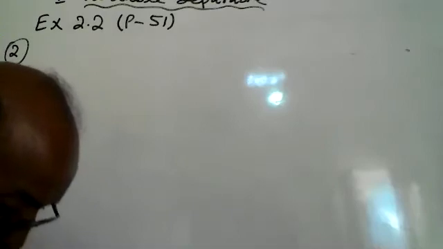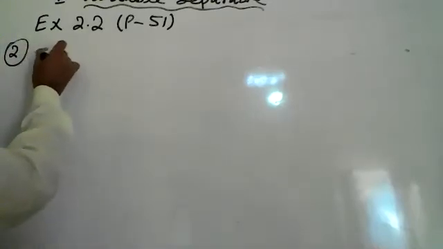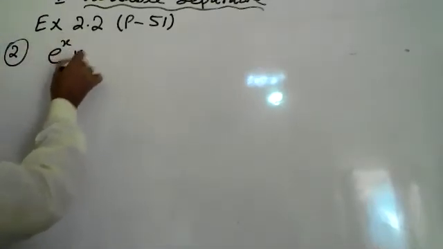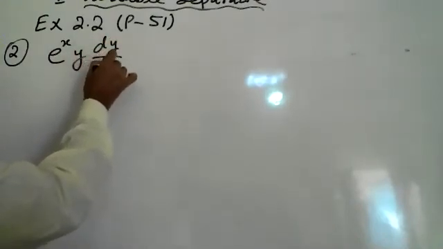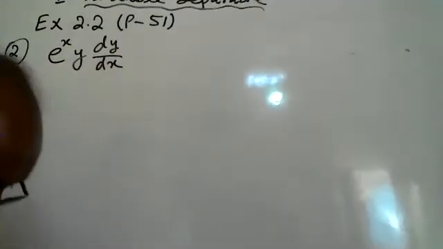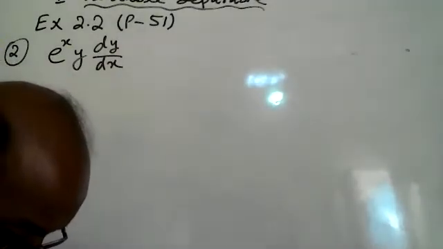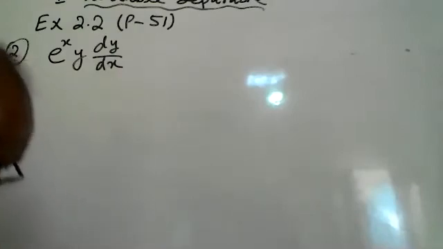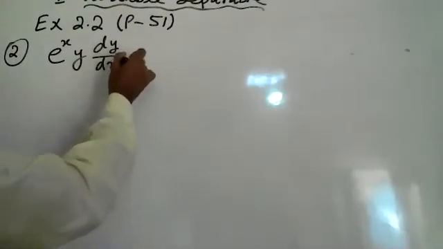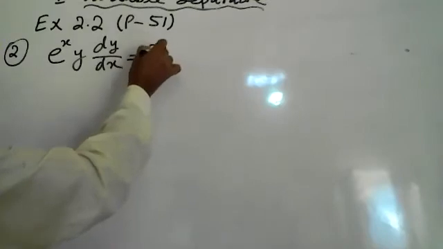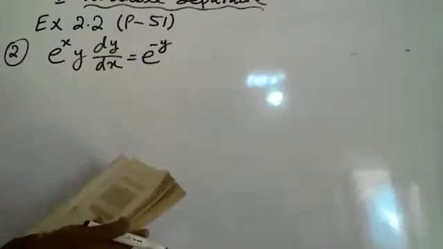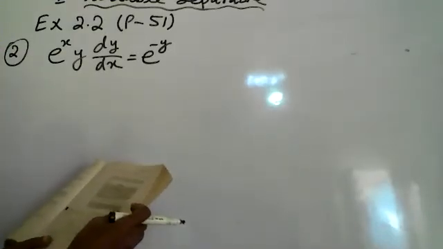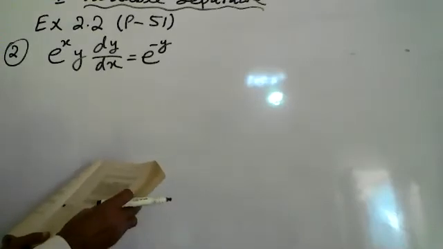e raised to power xy, dy upon dx is equal to e raised to power minus y plus e raised to power minus 2x minus y.